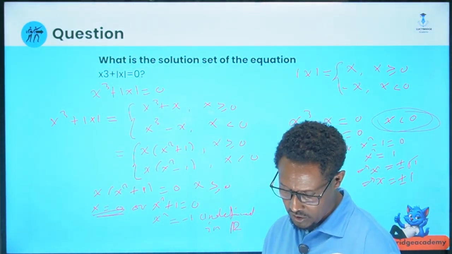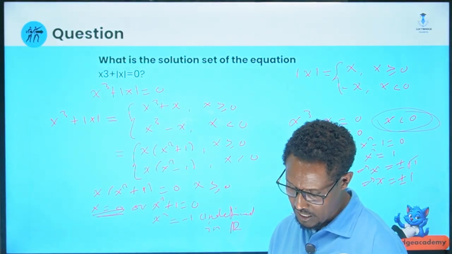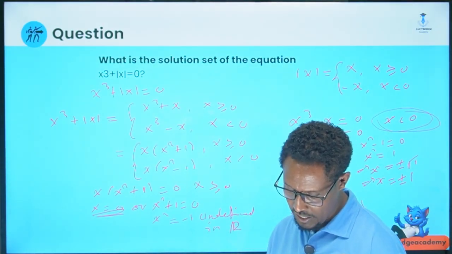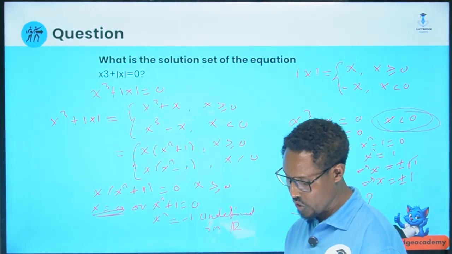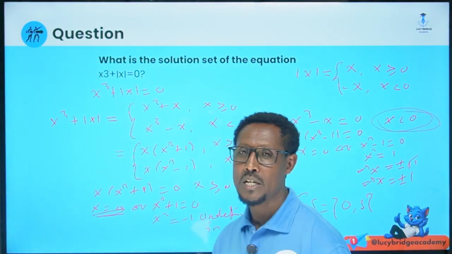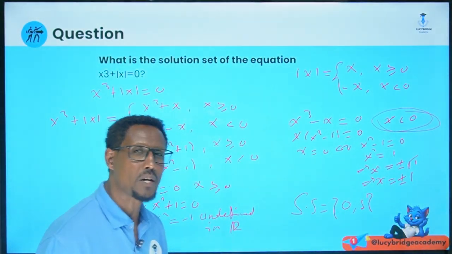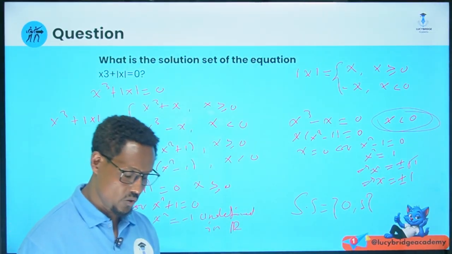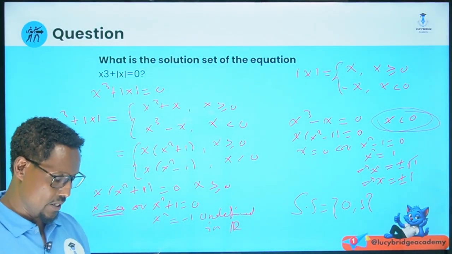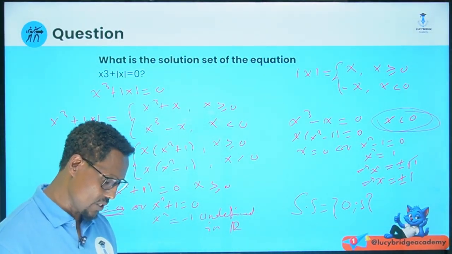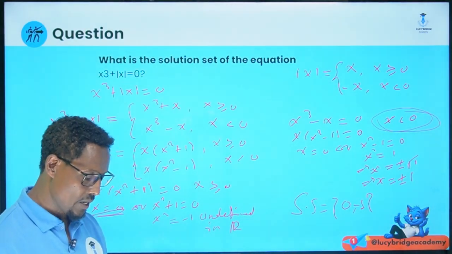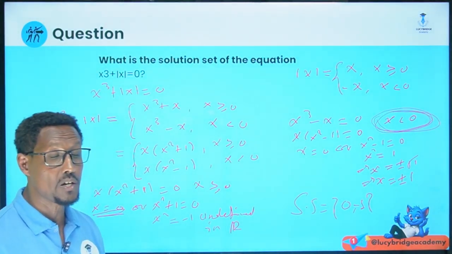Minus 1 can be a solution because our domain is x less than 0.